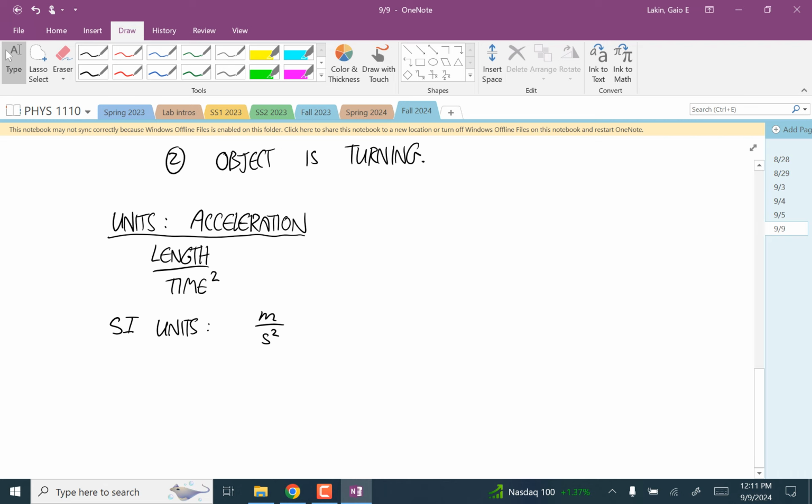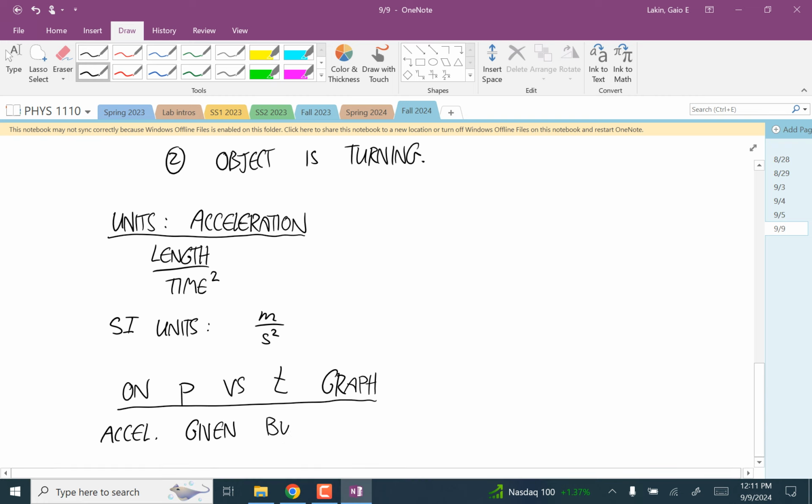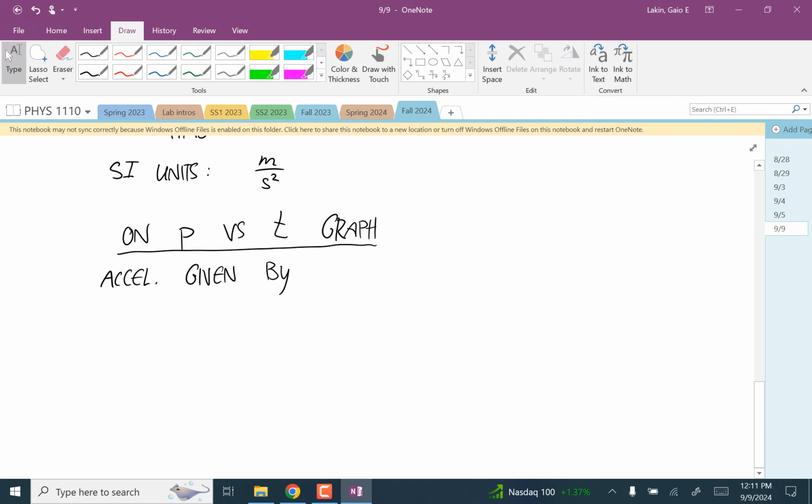In acceleration, so on a position versus time graph, acceleration is given by, there's sort of two ways to say the same thing. The concavity, or another way to think of it is the curvature.